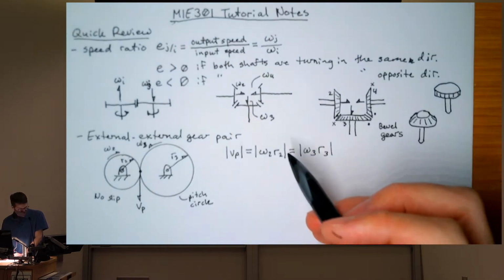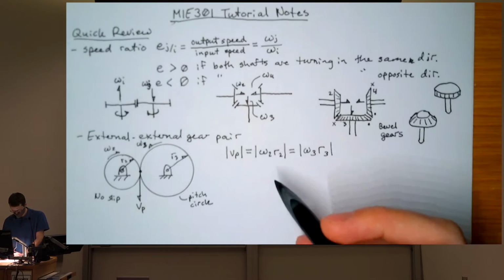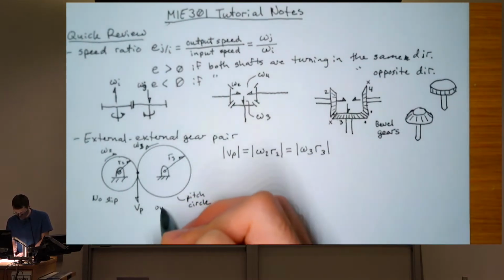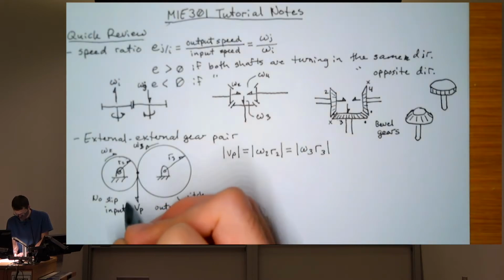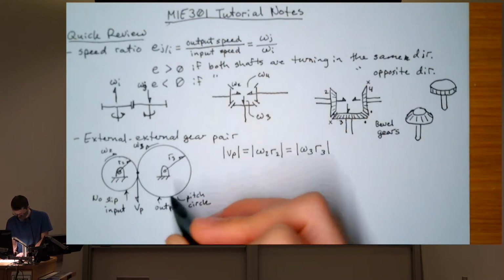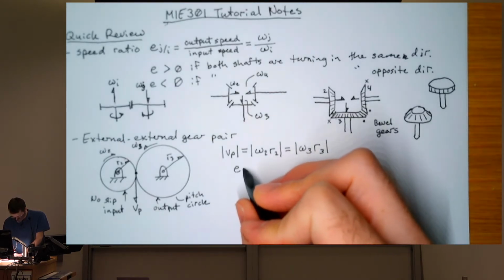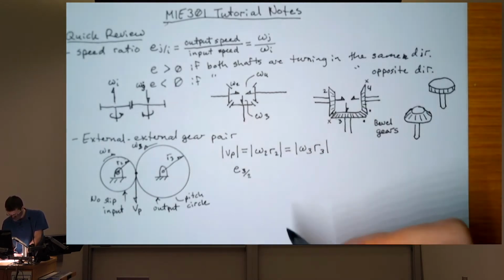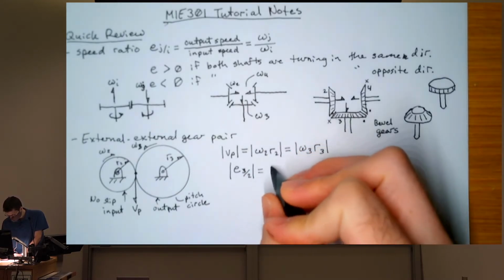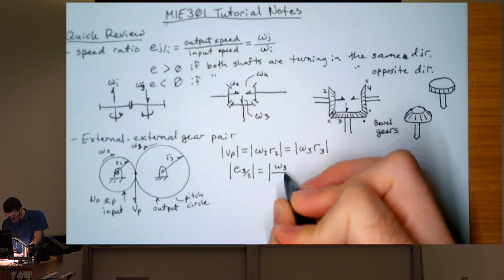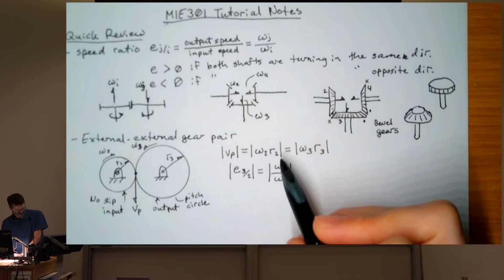And so bearing in mind that this is how we've defined our speed ratio as output speed over input speed, let's say that this is our output gear and this is our input gear. This one here's our input, this one here's our output. Then we could say that the magnitude of that speed ratio E32 is equal to omega 3 over omega 2, which we can get by rearranging this equation up here.